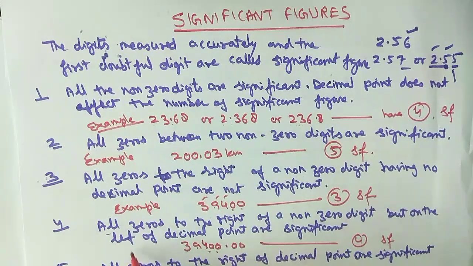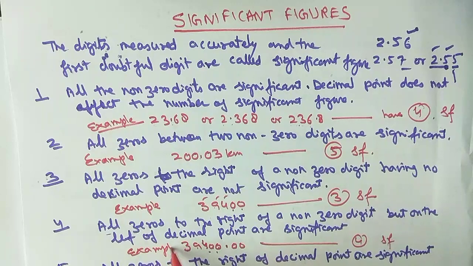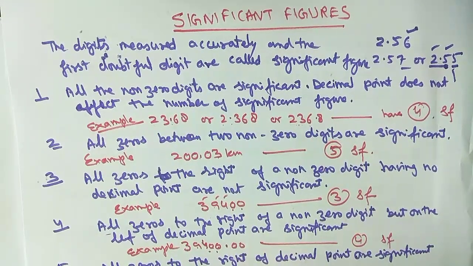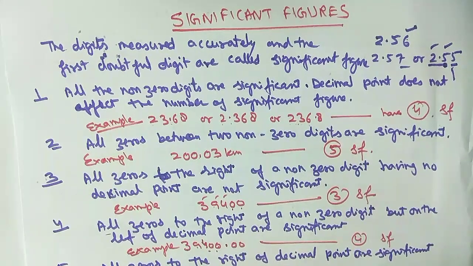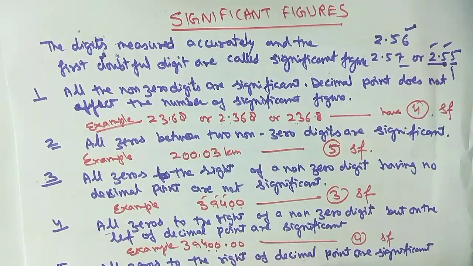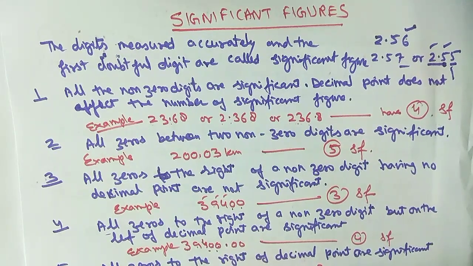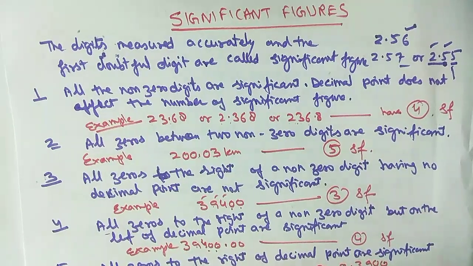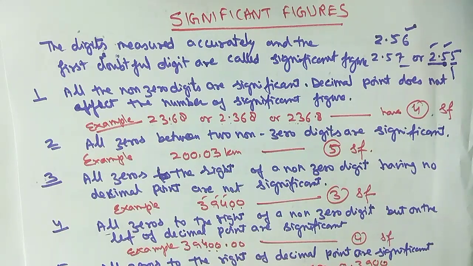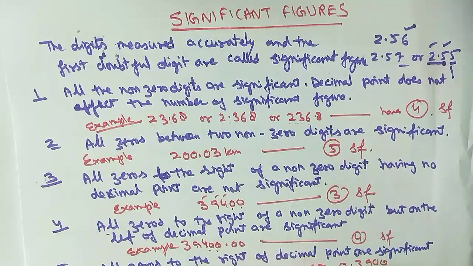See the example. Another example: for example 39.00, or I am writing again 0.3900. In both cases the significant figures are 4, and these two zeros are after the decimal. So 1, 2, 3, 4, and here 1, 2, 3, 4.